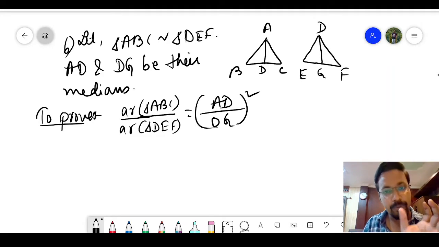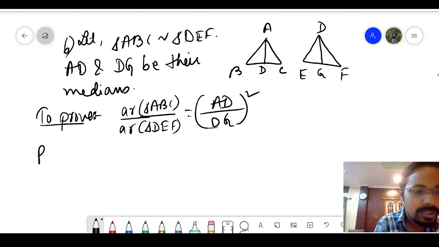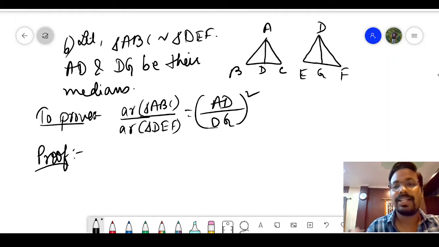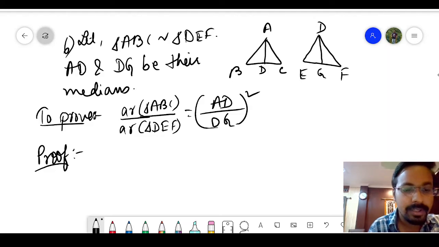So how do we move ahead with this? What will be the first step? Now see, triangle ABC and triangle DEF are two similar triangles. So if two triangles are similar, we know from our theorem, we know that.